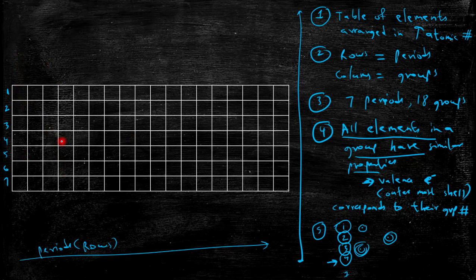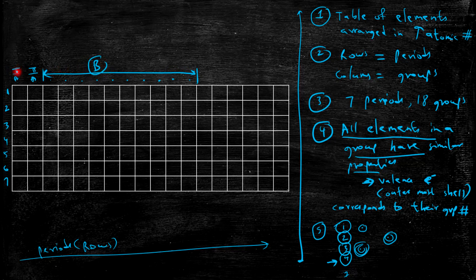Columns are the vertical columns, are the groups, and pay attention to how I label them. 1A, 2A. Then from 3 to almost 10, so I'm going to count this. So 1, 2, 3, 4, 5, 6, 7, 8, 9 and 10. So these are 10 columns which are the B group.